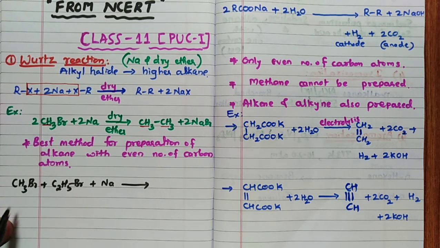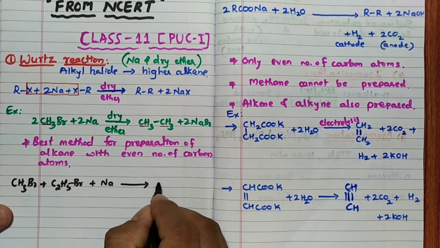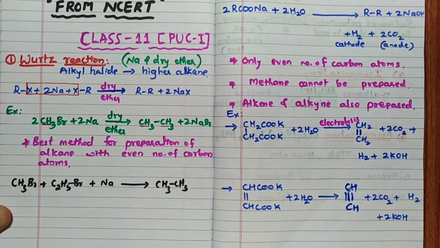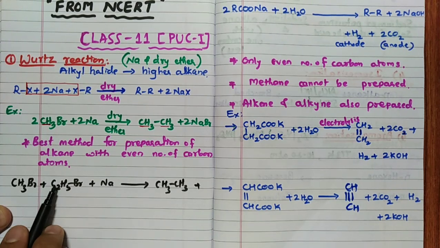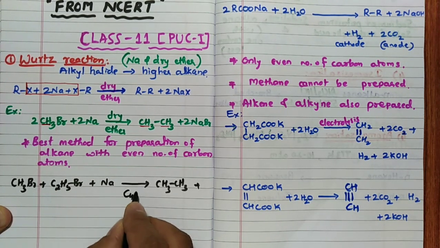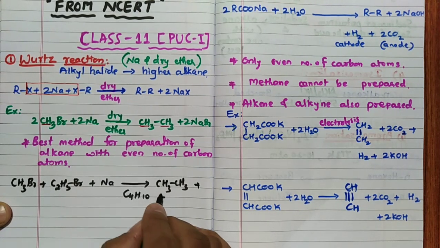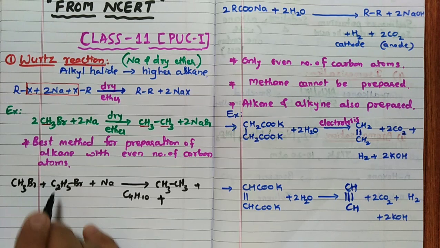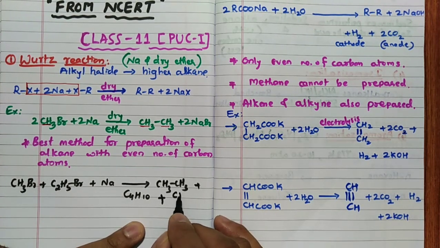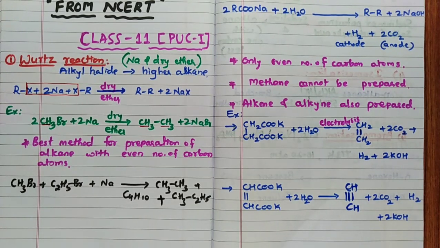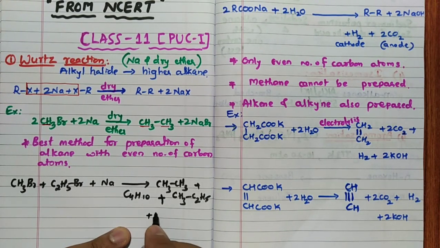So CH3Br forms CH3-CH3 first. Next, C2H5Br forms C4H10, butane. Then CH3 and C2H5 react together to form CH3-C2H5. This was asked once. Remember, these three products are possible plus NaBr.